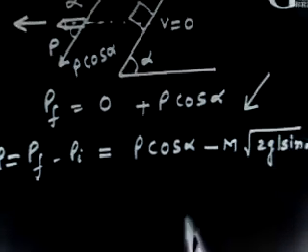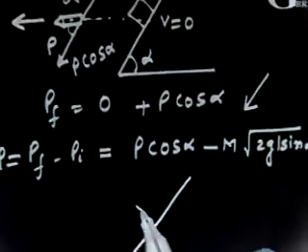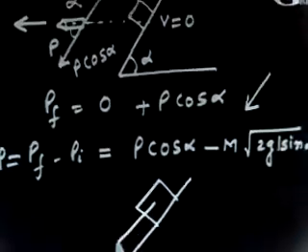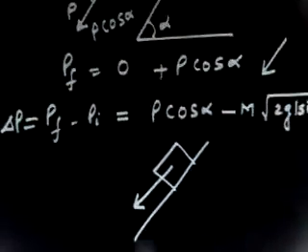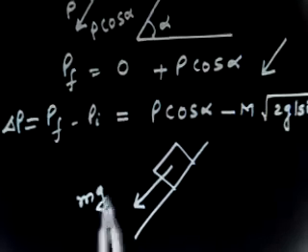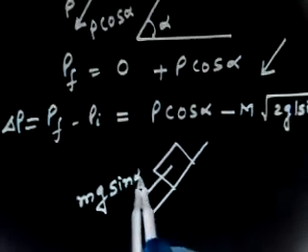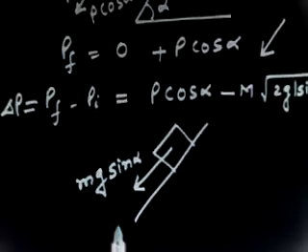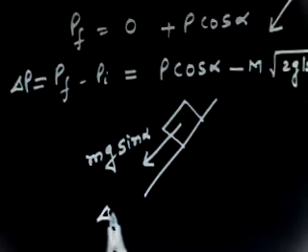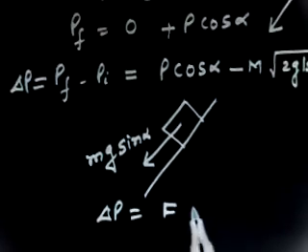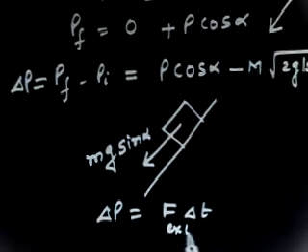Now what are the external forces acting on the cannon in the direction of incline? In the direction of incline there is only one force that is acting, mg sine alpha. So I can write dp is equals to F dt. F external I know, dp I know.